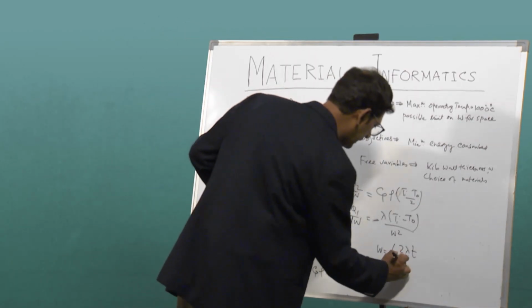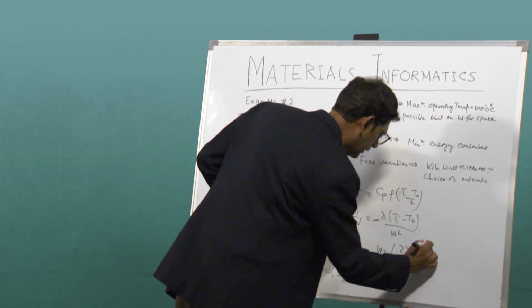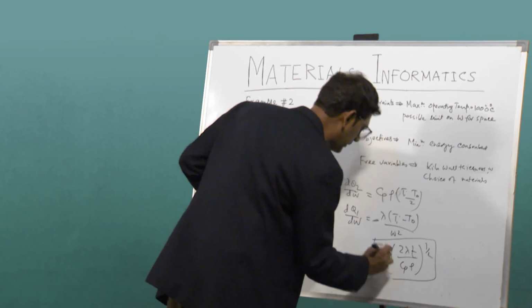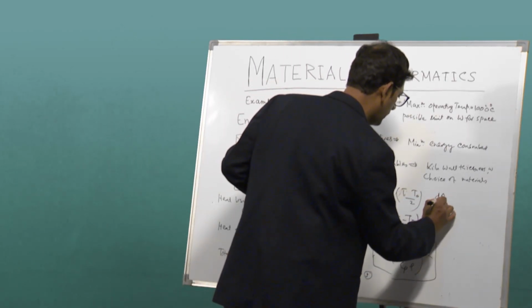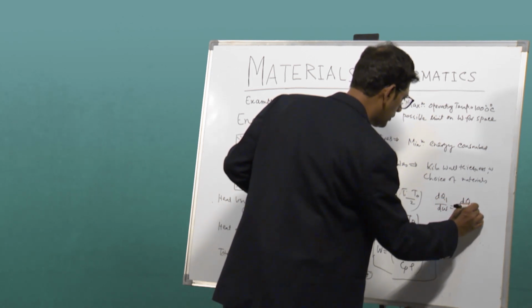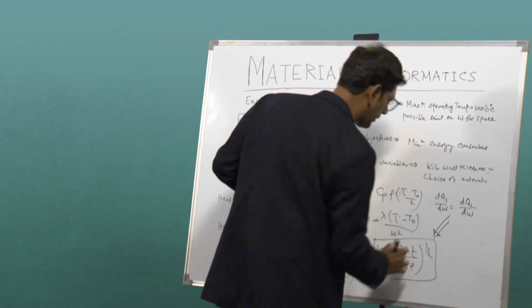So, 2 lambda T divided by Cp rho, you can do that yourself, that is the optimum wall thickness you can obtain. You can make these two equal, dq1 by dw equal to dq2 by dw. These two will give you an equation like that.